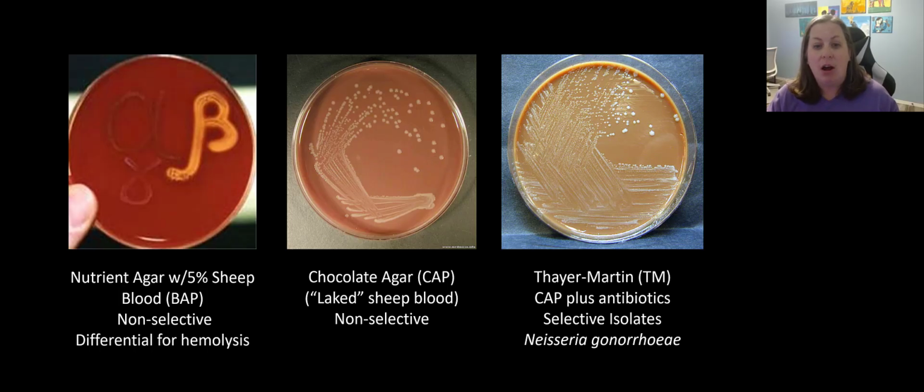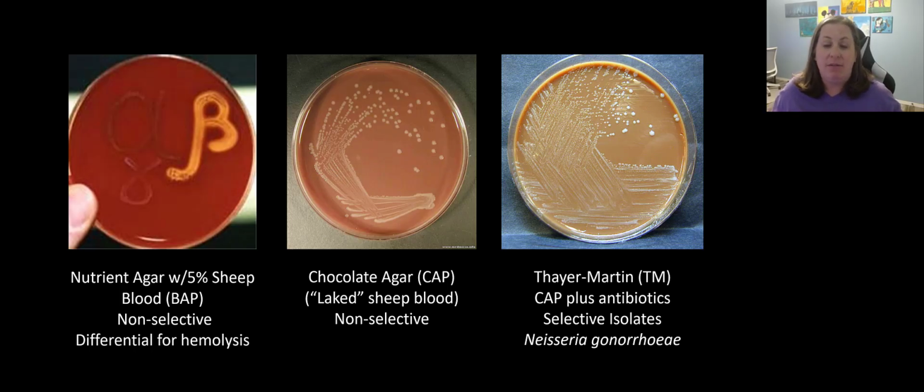This is a chocolate agar, but it has antibiotics added to it. These antibiotics are going to selectively pick what grows and what doesn't. It's going to kill off a lot of the different bacteria, and only the ones stronger against those antibiotics are going to grow. This is actually a way to isolate Neisseria gonorrhoeae. It's selective for it.